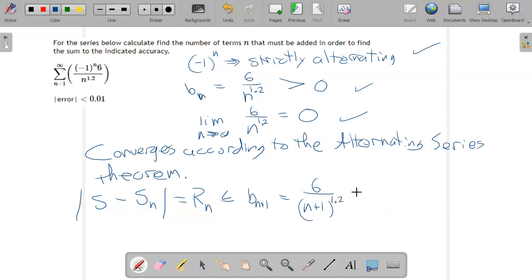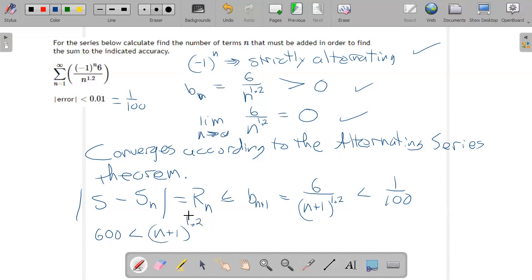And we want that error to be less than 1/100th. I'm just writing that as a fraction instead. So we can solve this. Everything's positive, so I can do some cross multiplication. I'm going to multiply the 100 to one side, so that gives me 600 is less than n plus 1 to the power 1.2.